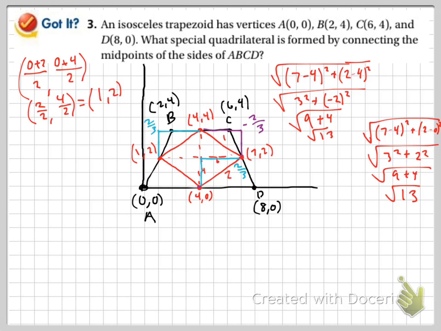And if I check this one, it goes up 2 over 3, so negative 2/3. So opposite sides are parallel, so it is a parallelogram. So then I can say, since this side is the square root of 13, this side is also the square root of 13, and since this side is the square root of 13, this side is also the square root of 13. So this is a rhombus.